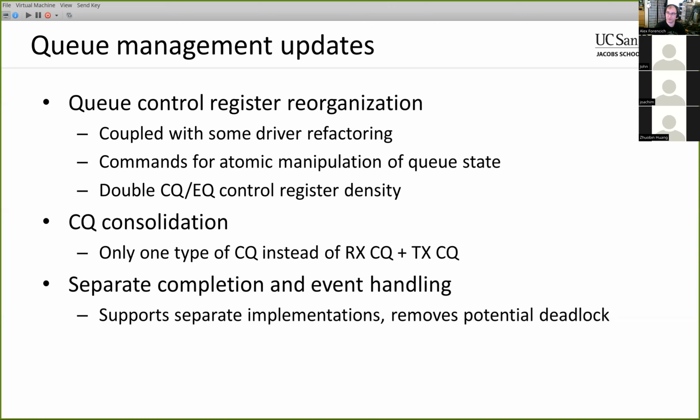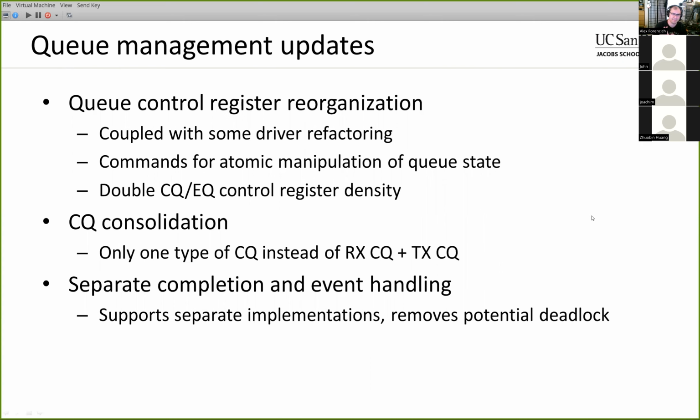And since you're deferring the generation of the event, that exacerbates the deadlock situation, because you could have your entire internal memory filled up with completion queues that are all geared up to fire off an event. As soon as you start firing off those events, then you have to clear out entries in the internal state to process those events and write them out, and that can result in this deadlock condition. So I think with the current setup, it's not really an issue, but with the new one, this is something that we need to avoid.